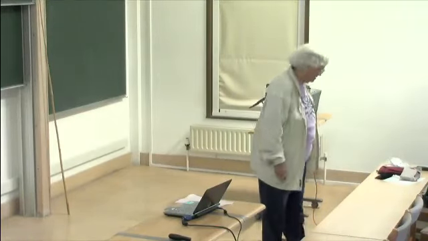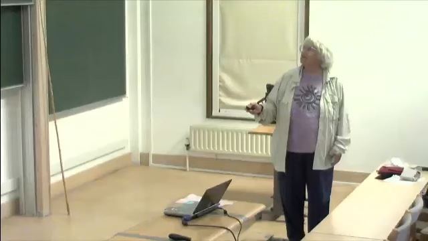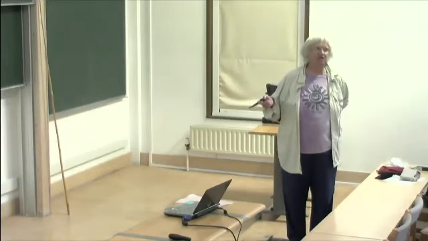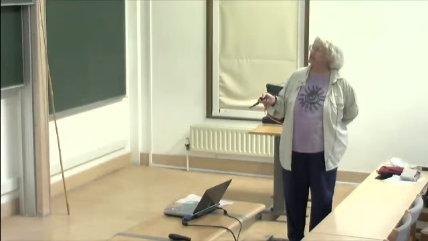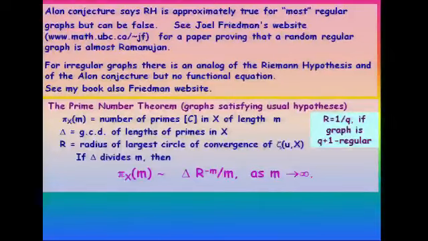So here's the prime number theorem. It's another thing a number theorist has to have. Again, the graphs have to satisfy the usual hypotheses in order to be able to use the Perron-Frobenius theorem. However, they can be irregular. So I'm now looking at an arbitrary graph, possibly irregular, undirected, unweighted, satisfying my usual hypotheses.